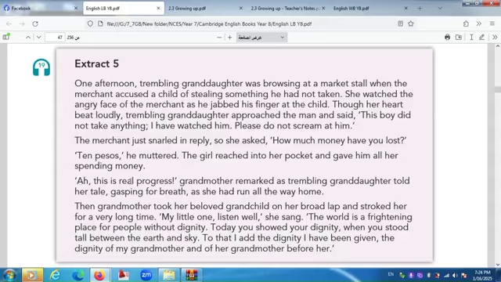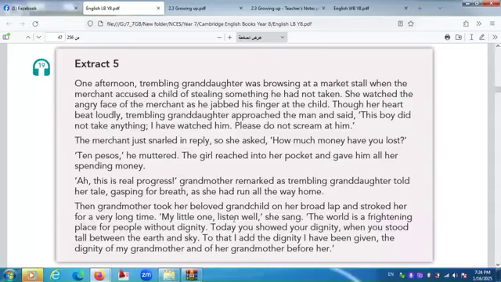"Ah, this is real progress," grandmother remarked, as trembling granddaughter told her tale, gasping for breath, as she had run all the way home. Then grandmother took her beloved grandchild on her broad lap and stroked her for a very long time.